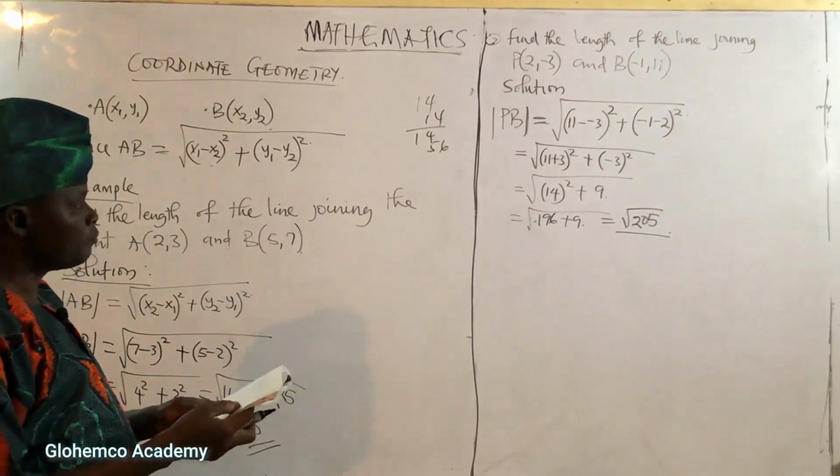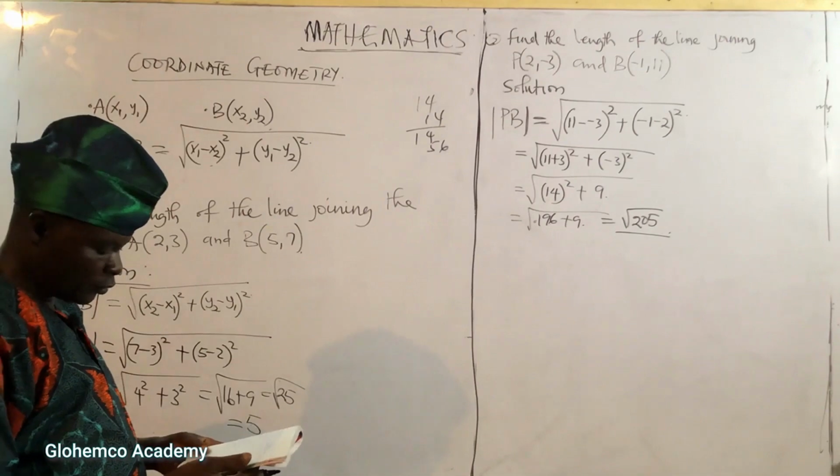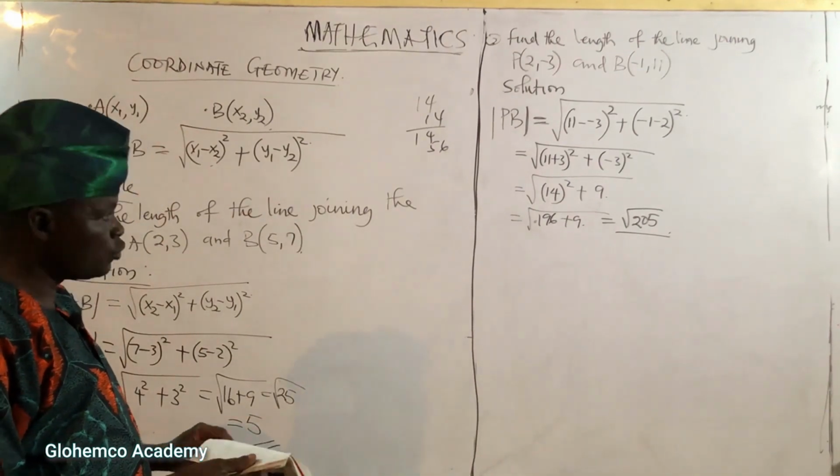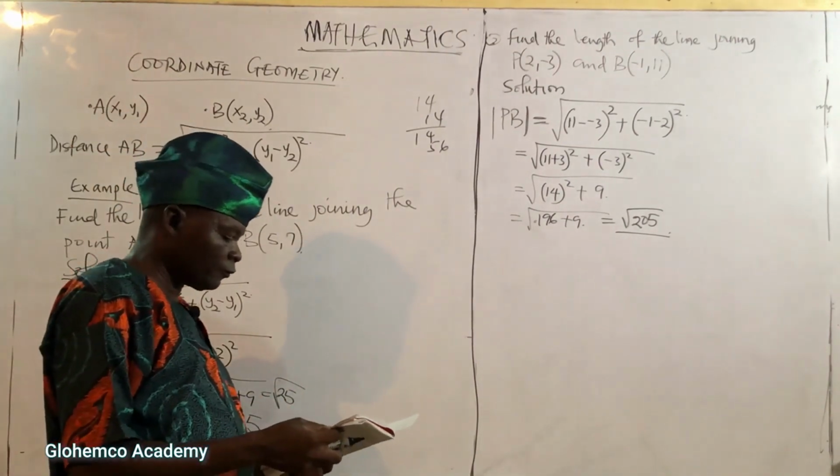And that is our PQ. Our PQ will be square root of 205.